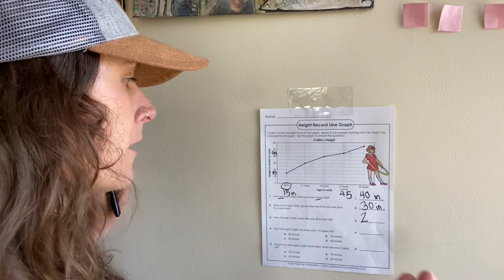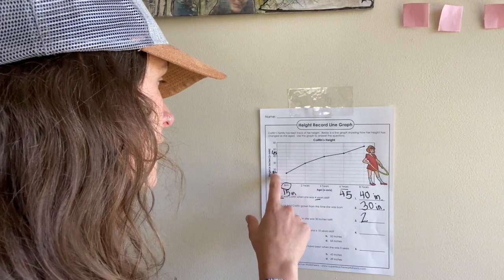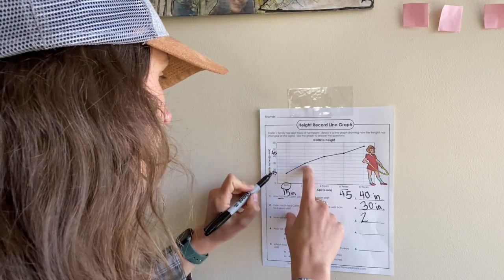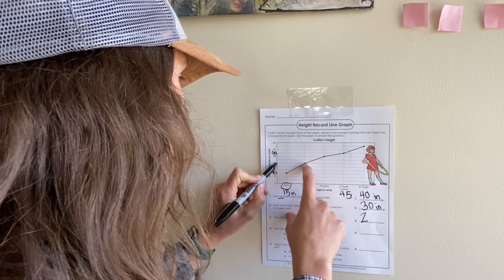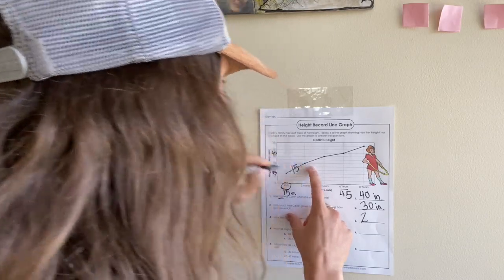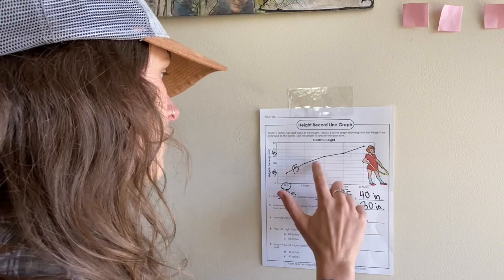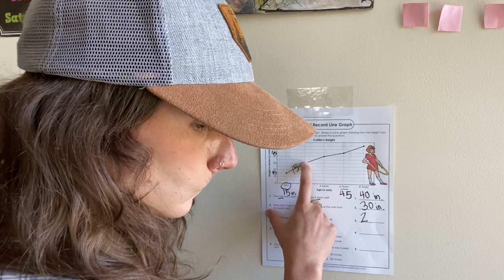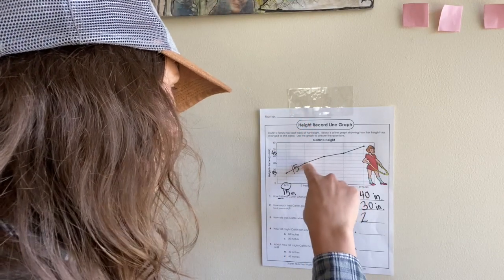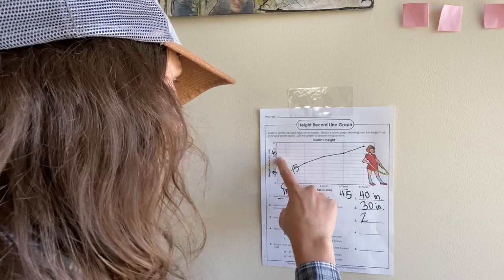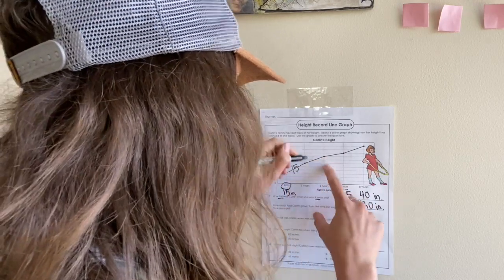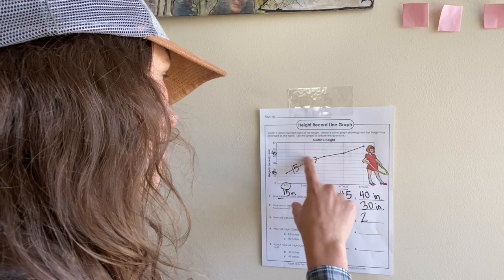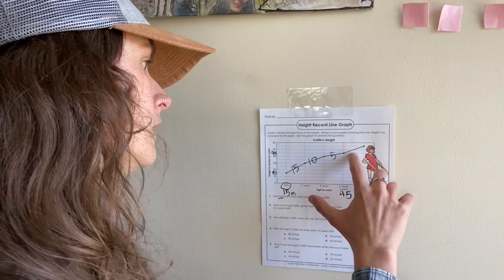So let's see if we can find a pattern here. So 15, 30, let's see, what's the difference between here? So 5, 10, 15. So between here, there's 15 inches. 5, 10. 10 inches between there. 5 between there.